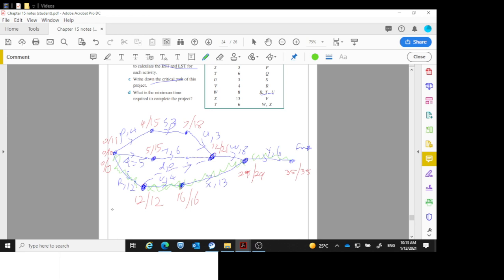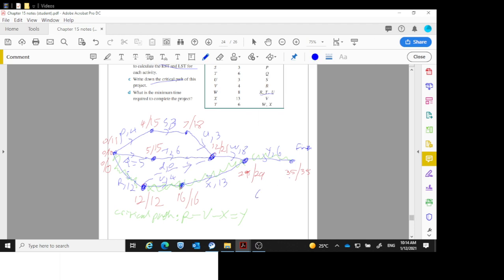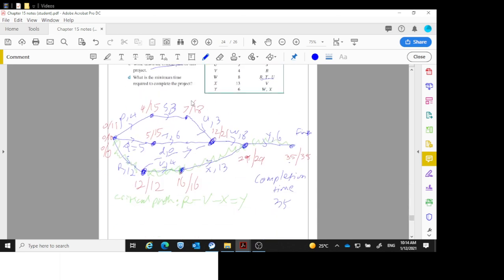So the critical path is R to V to X to Y. Time to complete the project, 35. Completion time, 35. I can't remember if it's hours or whatever. It does weeks, 35 weeks. It says it in the table.